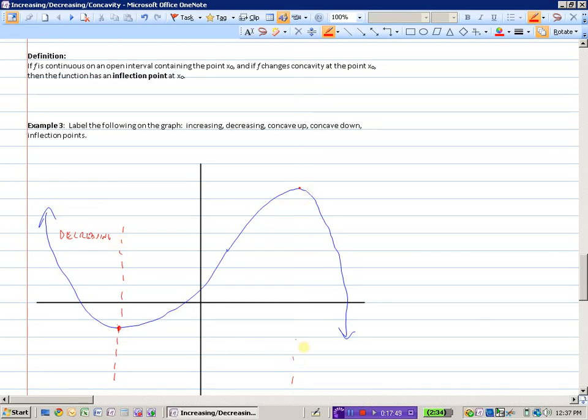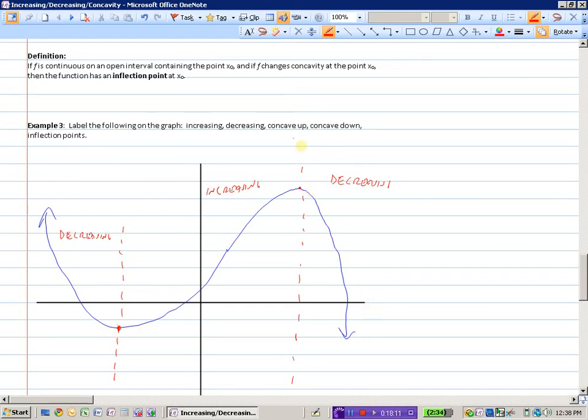Then the graph goes up from here to here. We now have an increasing interval. And then the function is going down, down, down, down, down. We have a decreasing interval. So decreasing, increasing, decreasing.